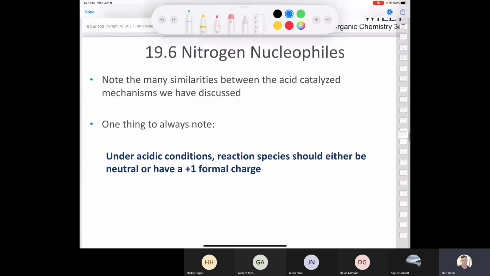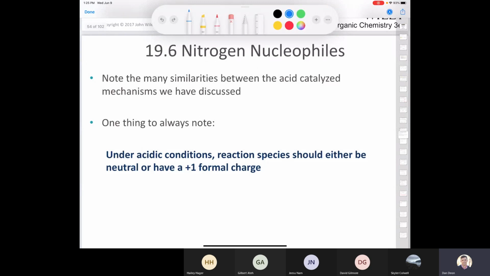All right, let's go back here. You check out the similarities between these different acid catalyzed mechanisms that we have discussed. Now, whenever you're practicing your mechanisms, you want to make sure that if you're in acidic conditions, when you're using an acid as a catalyst, every reaction species should either be neutral, have no charge, or have a +1 formal charge.